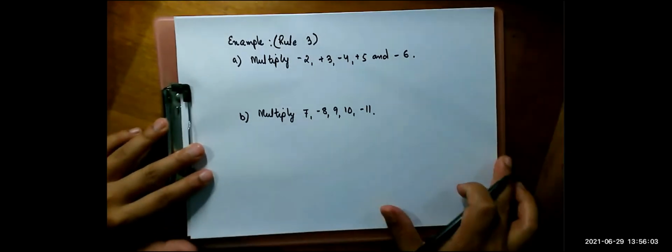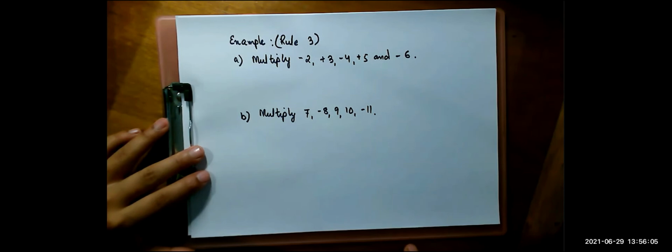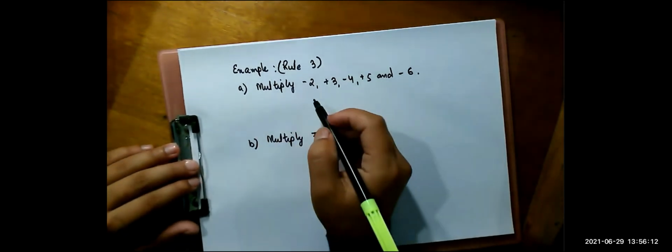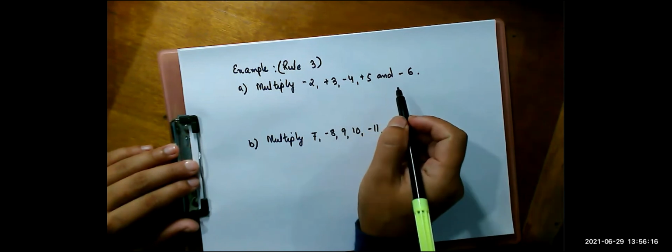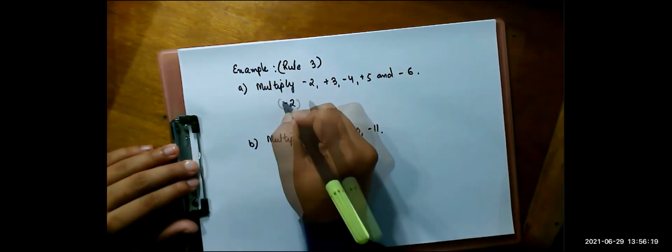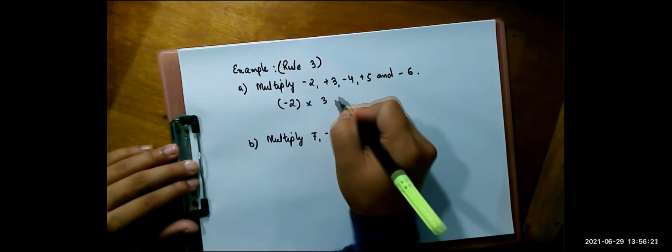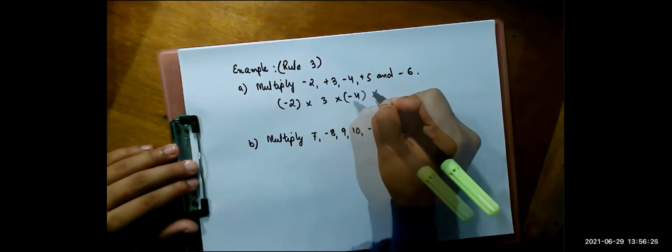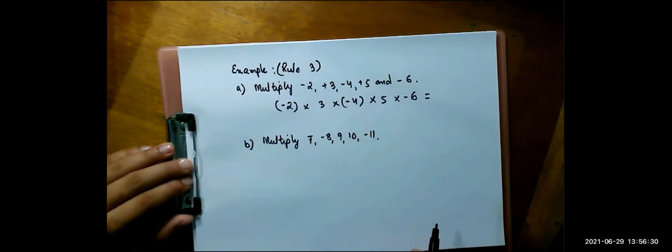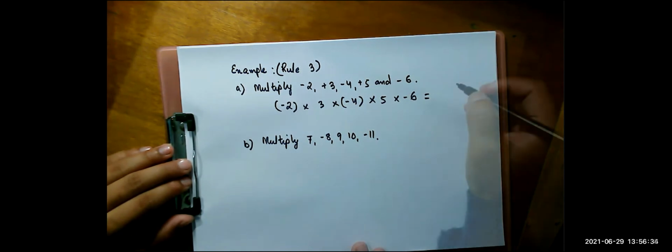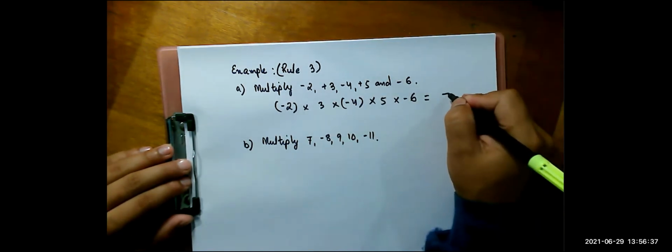So moving on to rule number 3. Rule number 3 states that if we multiply a series of integers, we have to count the number of negative signs. In this case, multiply minus 2, plus 3, minus 4, plus 5 and minus 6. So minus 2 into 3 into minus 4 into 5 into minus 6 is 720.